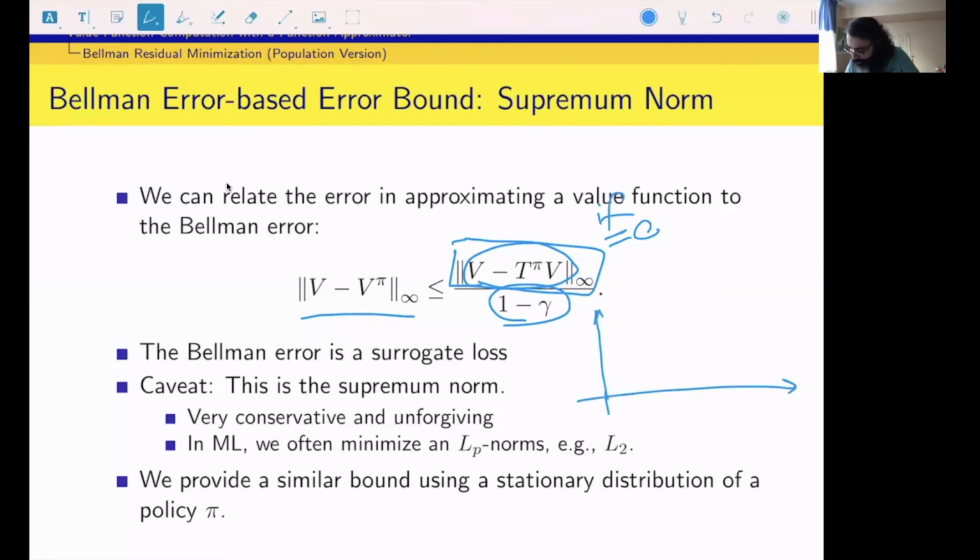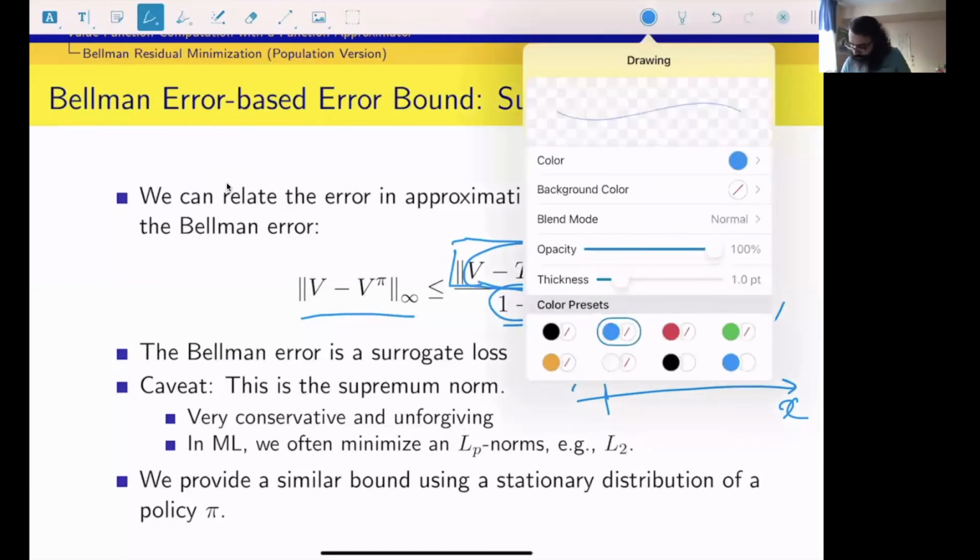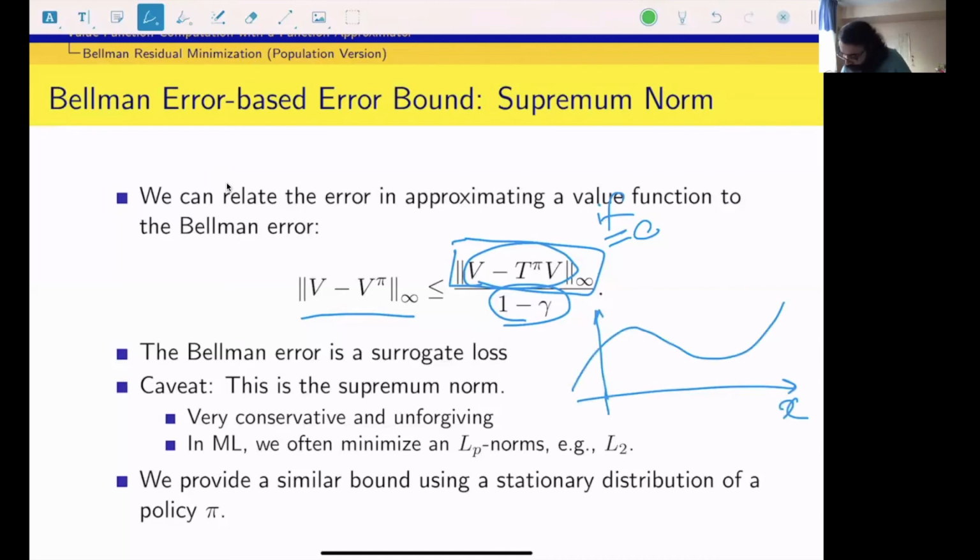Suppose I'm showing you a value function. The true value function is, say, this one. And suppose I find a function that follows it very closely, except at one point.